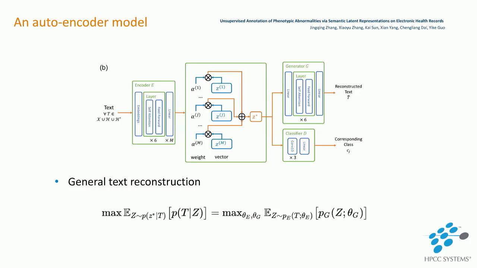So we consider the general textual reconstruction, which means that we get the Z star from the encoder, and we need to reconstruct the tags from the generator, so that we make sure that Z star contains all the semantic information we need of the tag. Over here, there's a mathematical equation to demonstrate that we need to maximize the reconstruction probability.